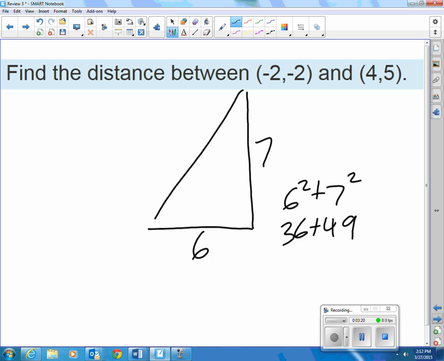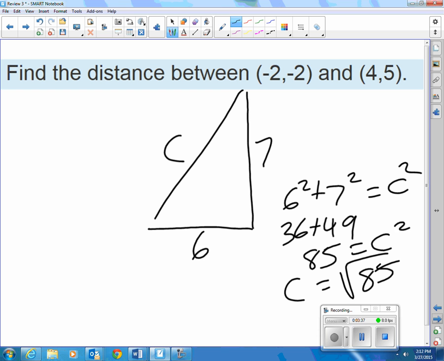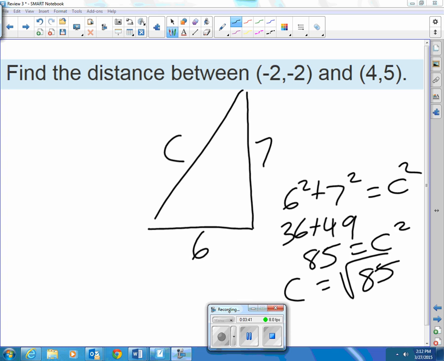We have 85, I believe. And so that would be c squared. And so c equals the square root of 85, which is 9.2.